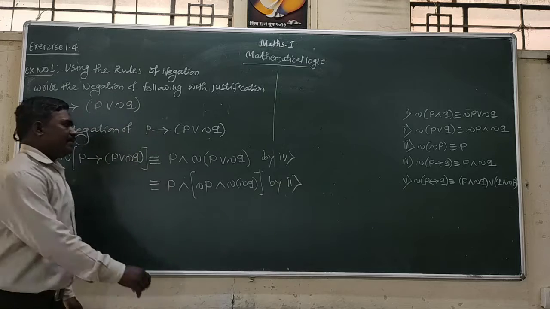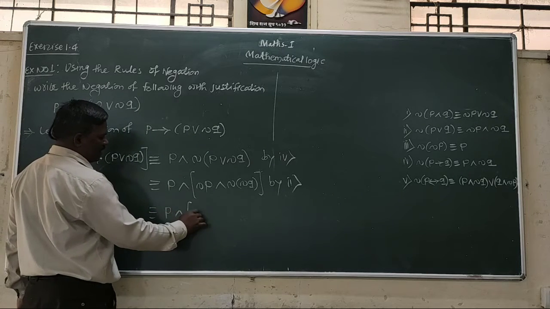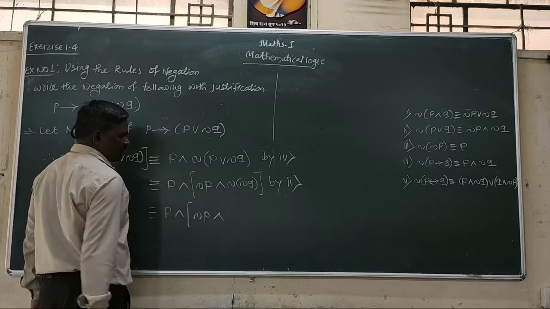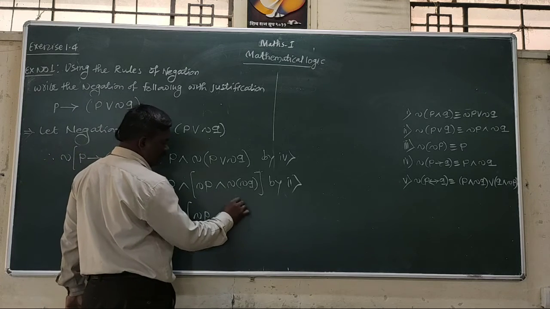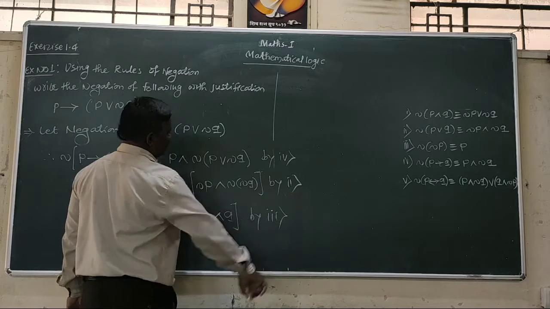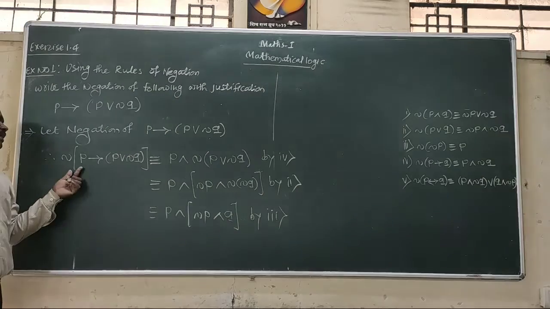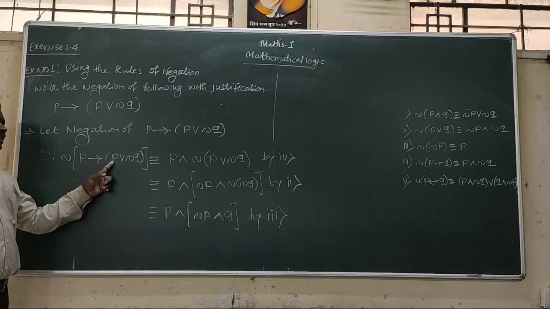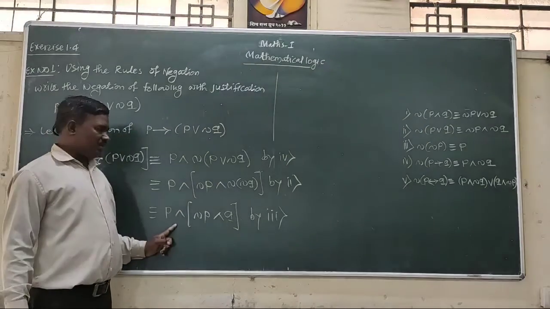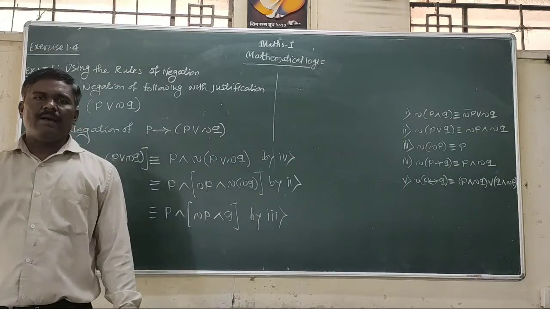Therefore it becomes p conjunction in bracket negation of p conjunction negation of negation q, that is q, using the result of negation of negation. Therefore, negation of in bracket p implies in bracket p disjunction negation of q is equivalent to p conjunction in bracket negation of p conjunction q. That is the answer.